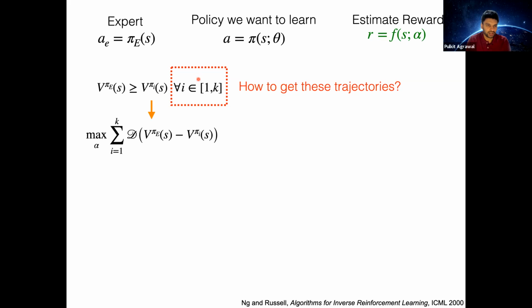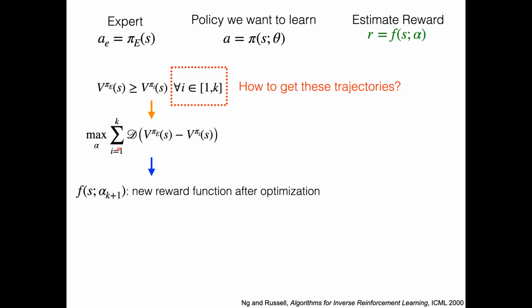So, the way we're going to do this is, suppose we had this loss function that we were trying to optimize. Right? We optimize this, and when we optimize this, we're going to get a new reward function.